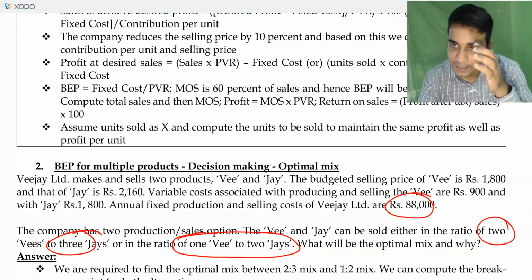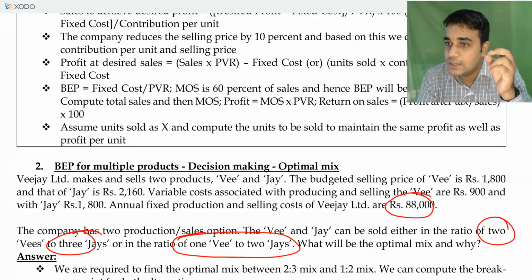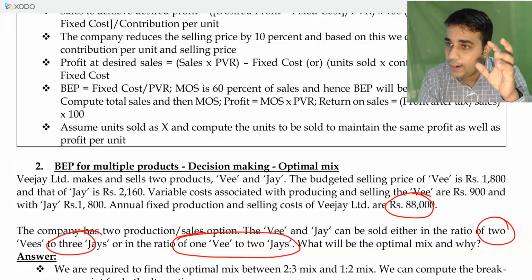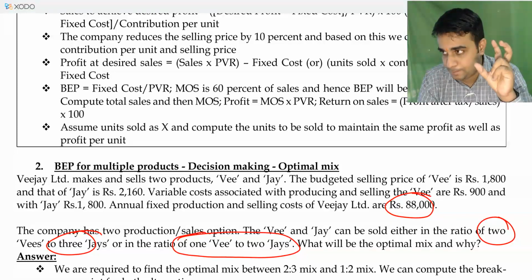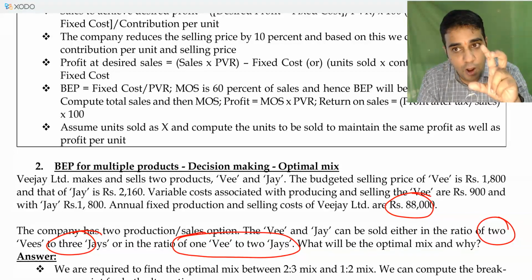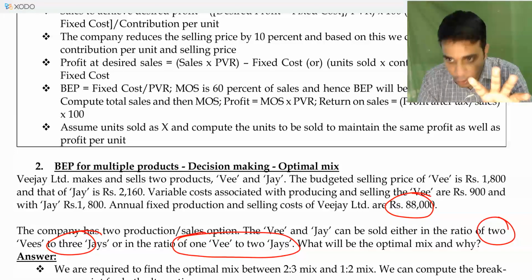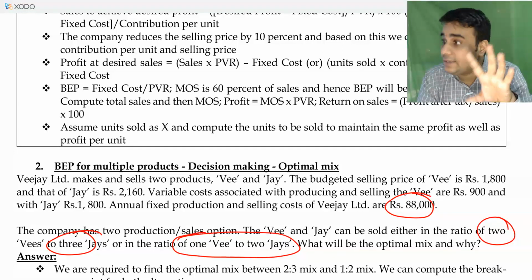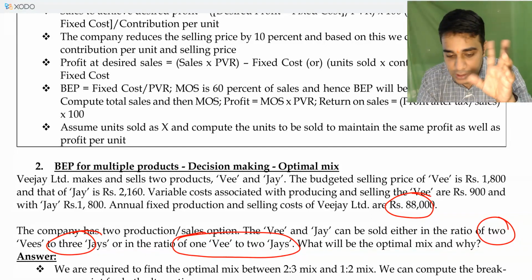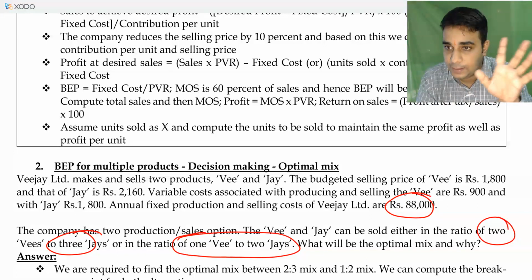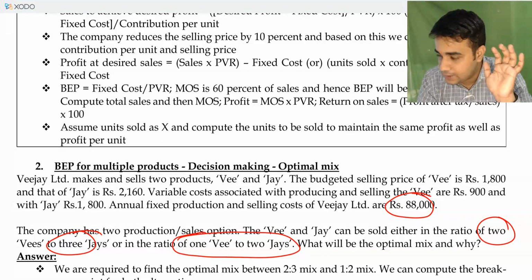For calculating BEP of multiple products, there are two ways of doing it. One, we go through something called the weighted average PVR, weighted average profit volume ratio. You will calculate the PVR of product 1, you will calculate the PVR of product 2 and then take a weighted average of that. How will you take weighted averages? Multiply with 2 and 3 and then take a weighted average.